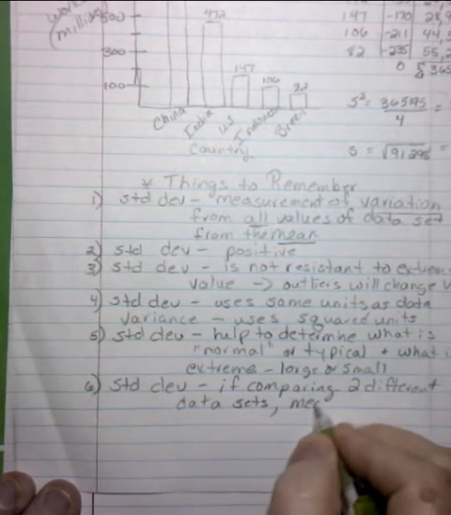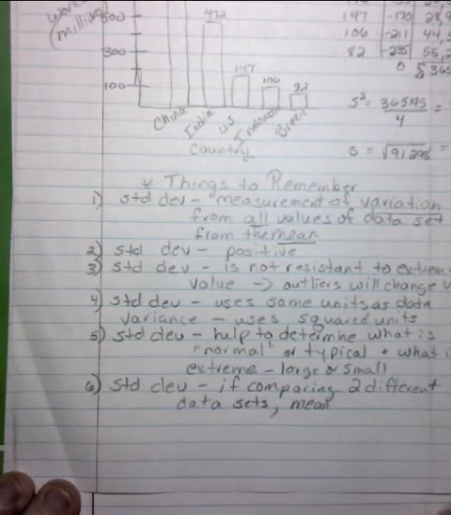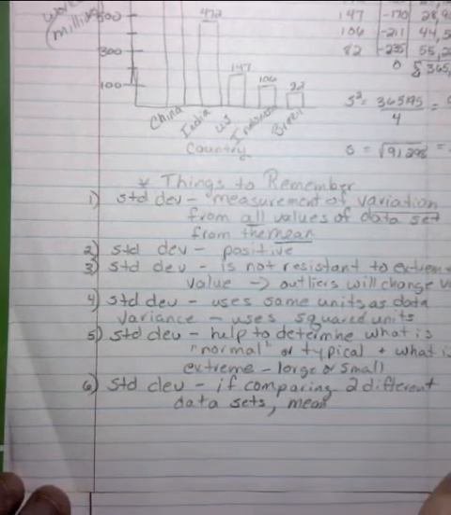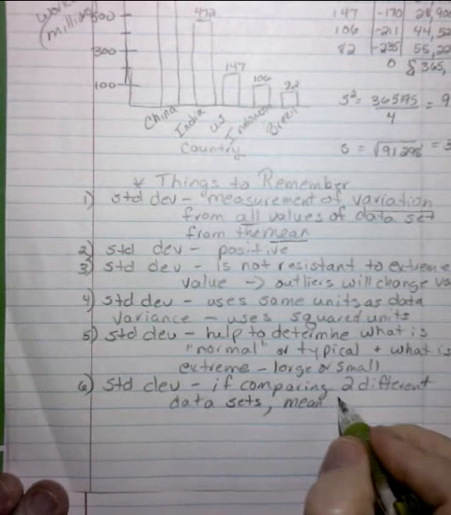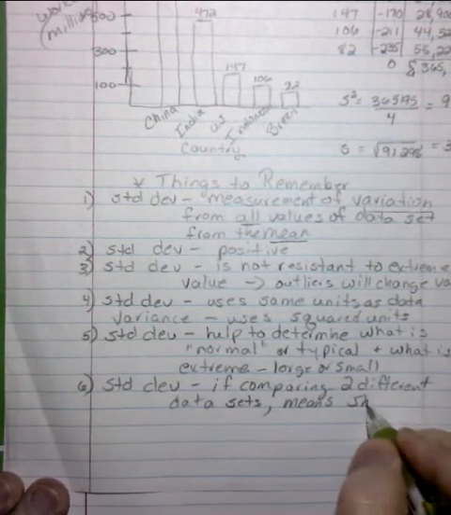When there are two different data sets, you need to be sure that the mean is near the same amount.